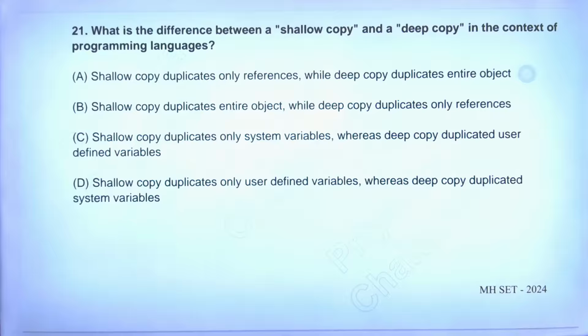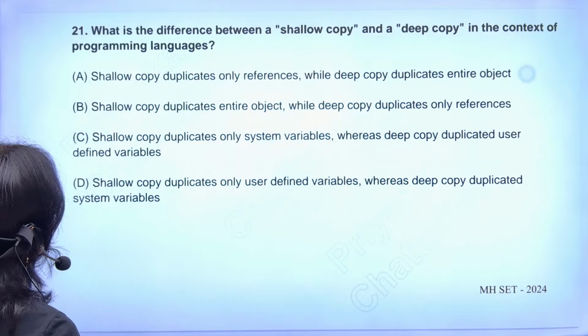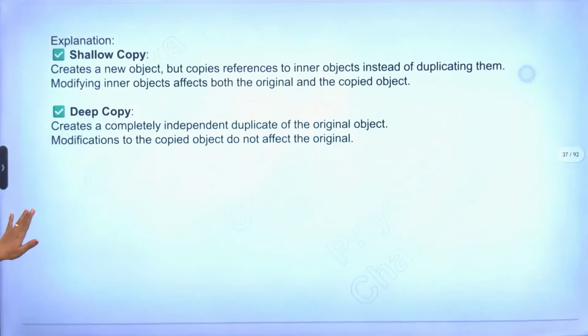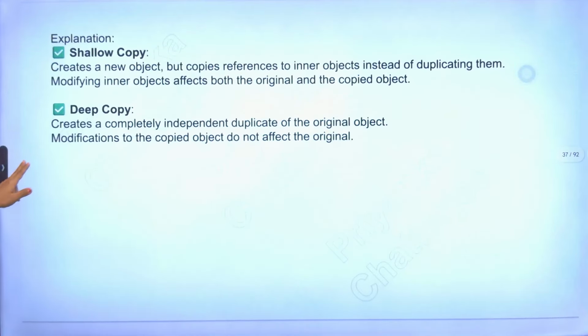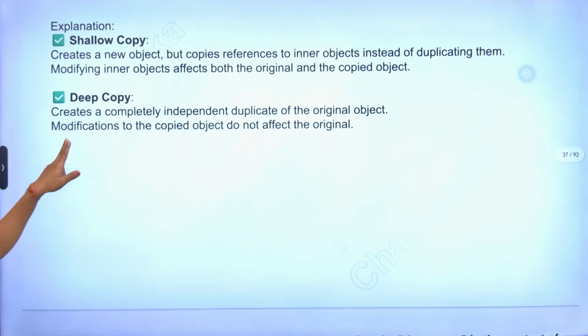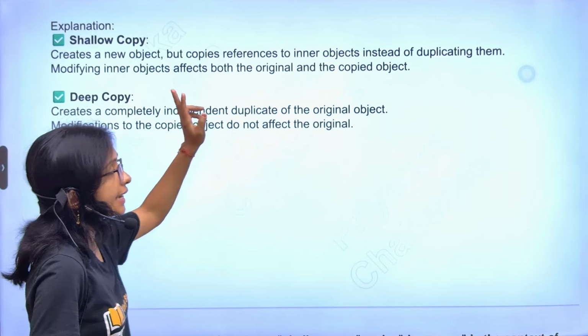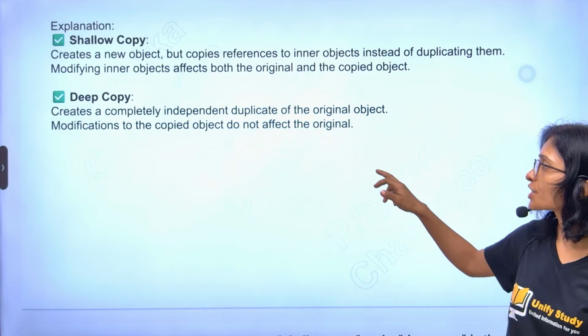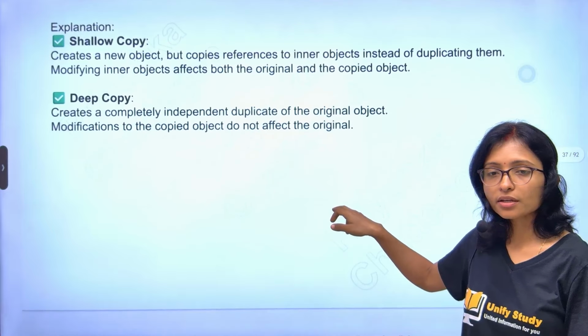Yes. Here, what is the difference between shallow copy and deep copy? Shallow copy creates a new object but copies the references to the inner objects instead of duplicating them. That's why it is called shallow copy.